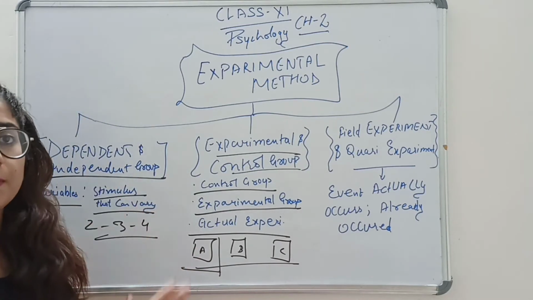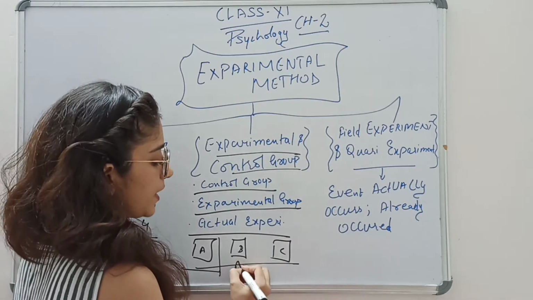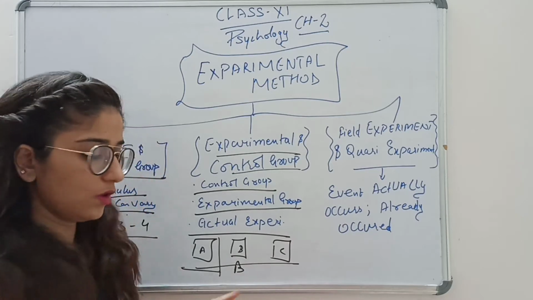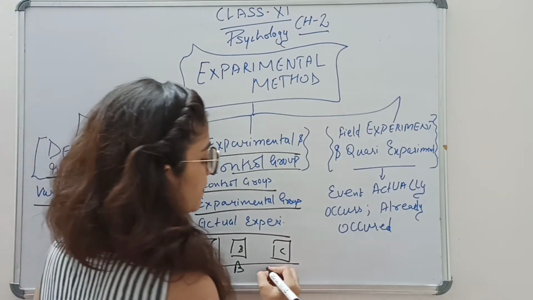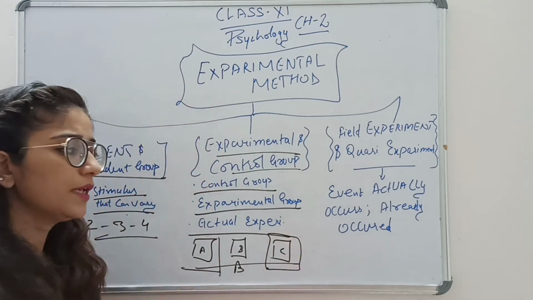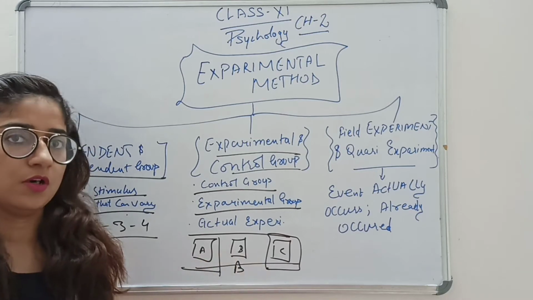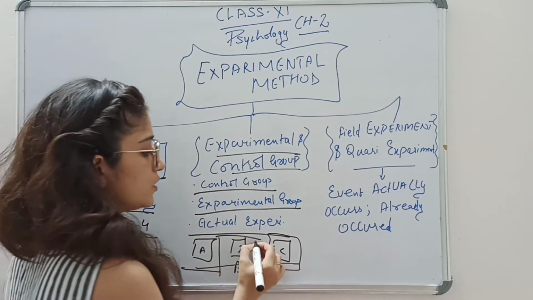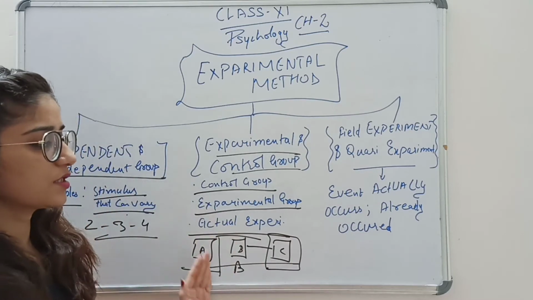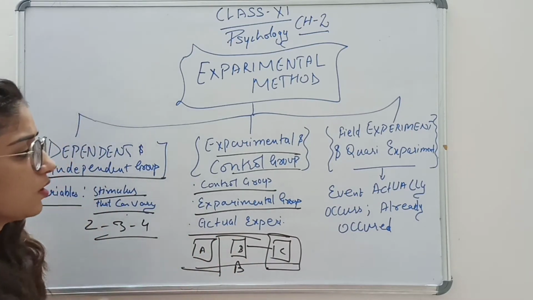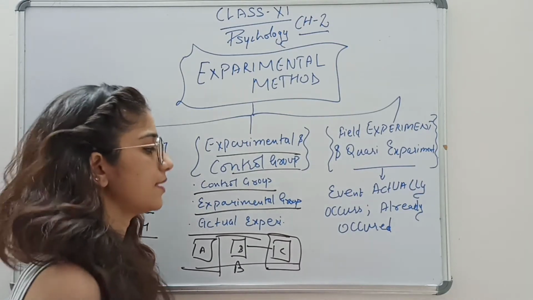Okay, the environmental conditions are controlled in this room. In this, the actual experiment needs to be noted down. On the B group, the actual experiment needs to be noted down, and this is the experimental group, which is being affected by the stimulus, okay, by the other groups. Both of these will be there, okay, and their reactions will be interdependent. So control group, experimental group, and actual experiment are there.